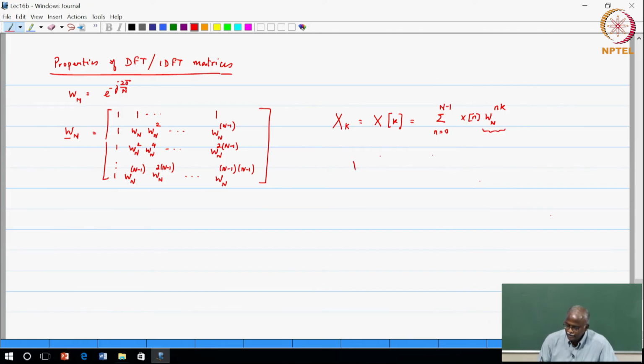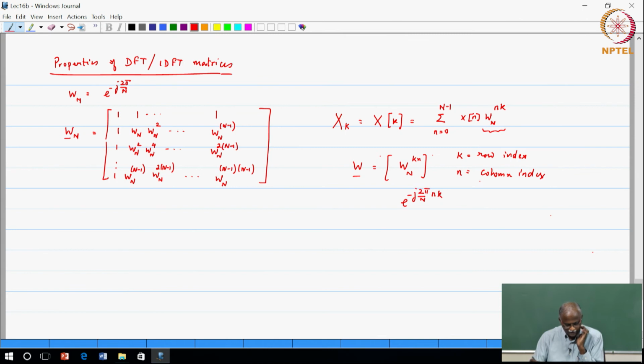So, the W matrix consists of entries which are Wn raised to the power kn, where Wn is e power minus j 2 pi over n. The element of the kth row and nth column, k represents the row index, n represents the column index, is e power minus j 2 pi over n times nk.